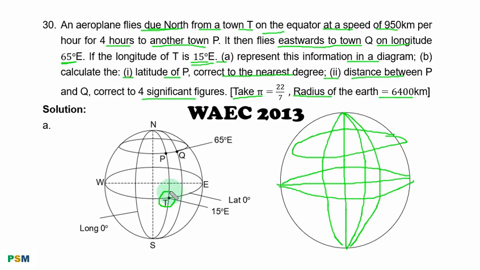Latitude 0 degrees, longitude 15 degrees. This is point P with unknown latitude but longitude 15 degrees. Then point Q with unknown latitude but longitude 65 degrees east. This is the A part of the question.